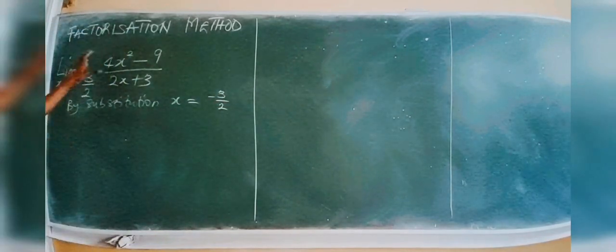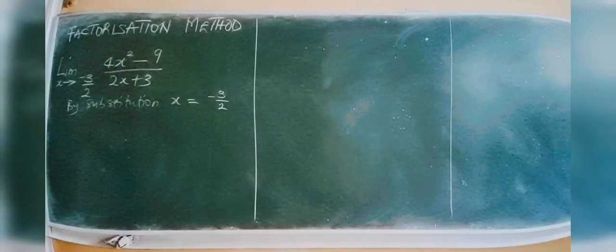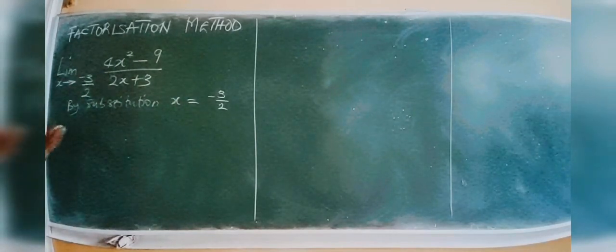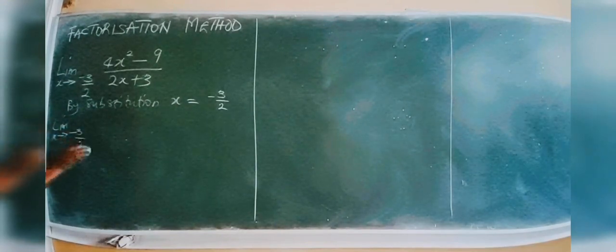Wherever you see x in this expression, you simply put in the value minus 3 over 2. So we have the limit as x tends to minus 3 over 2.